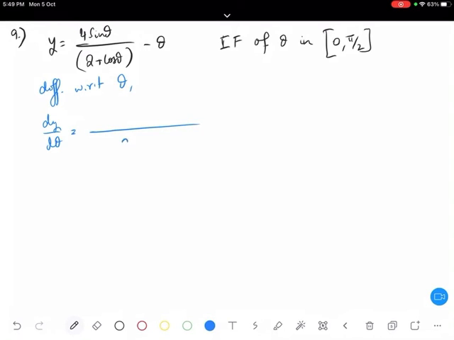Divide by 2 plus cos theta whole square, then 2 plus cos theta out, then differentiation of 4 sin theta is what? It is 4 cos theta, then minus 4 sin theta out, differentiation of 2 plus cos theta is what? Minus sin theta, and then minus, don't forget this one, differentiation of theta is what? 1. So this is what we have.